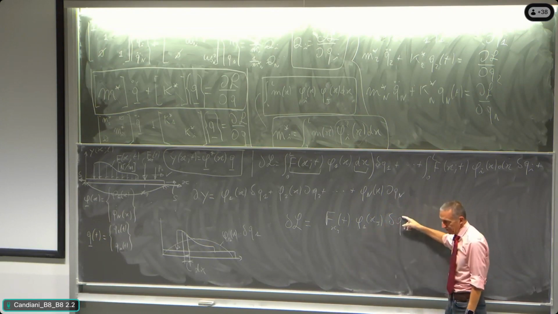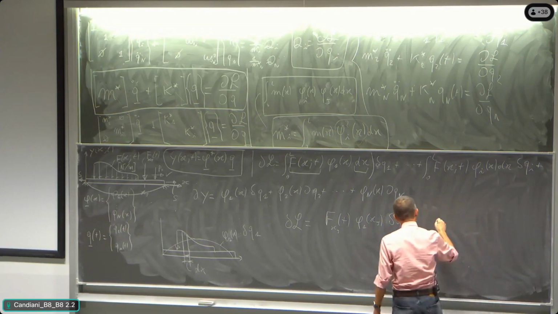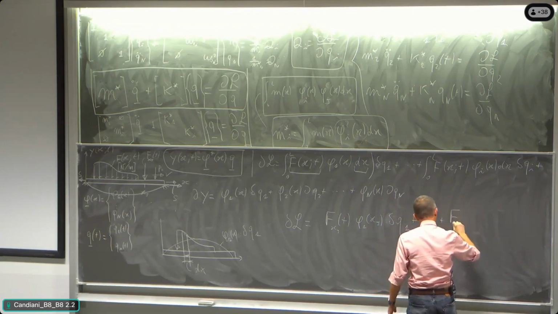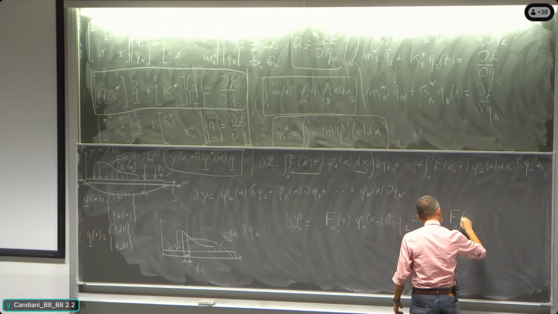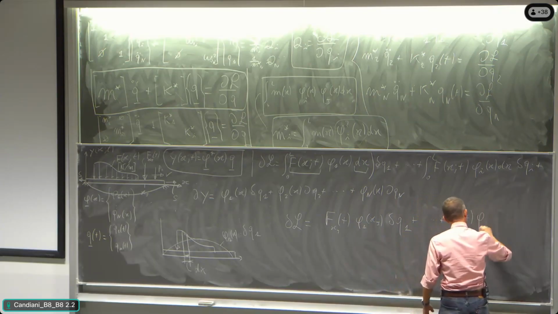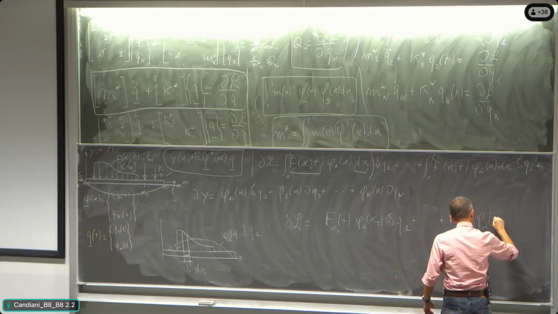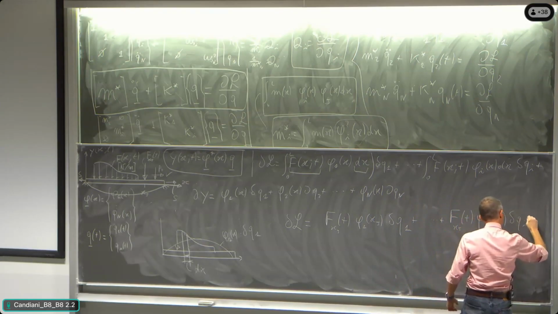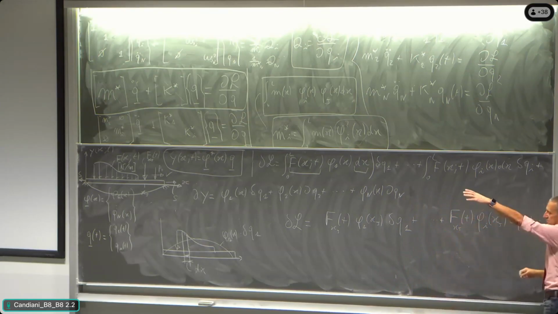So the contribution, if I am moving just the first coordinate, but if I am moving all the others, I have all the contributions. I have F at xj, function of time, phi i at the location xj, delta qi plus. So I have all the quantities.